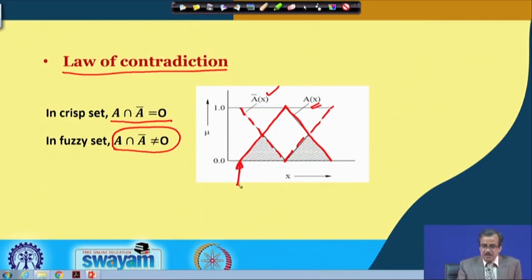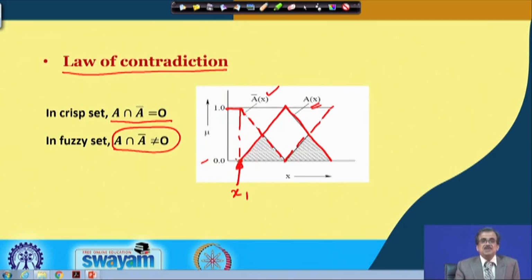Now, corresponding to this value of x, say x1, according to A(x), I have got the mu value equal to 0, and corresponding to this value of x1, the mu value corresponding to A bar(x) is nothing but 1, and we will have to consider the minimum.